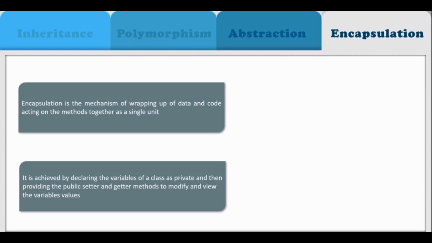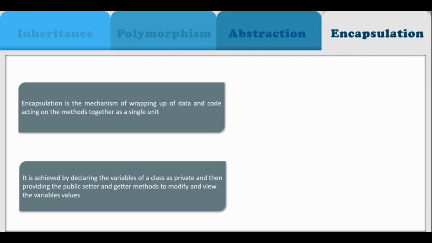Not only that, it also helps keep it safe from unauthorized access and misuse, as it uses access specifiers. So the wrapping up of data and function in a unit is known as encapsulation.